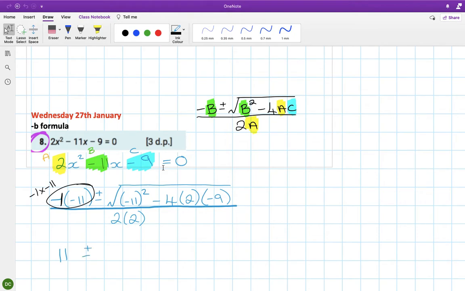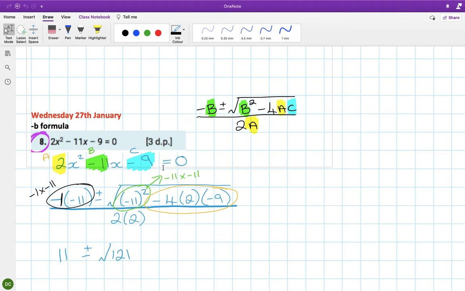Then we open up our square root. Minus 11 squared is minus 11 times minus 11. So the two minuses are going to be plus, and then 11 squared is 121. And then this next bit here, starting from the minus 4, I'm going to type that into the calculator as I see it, brackets and everything.